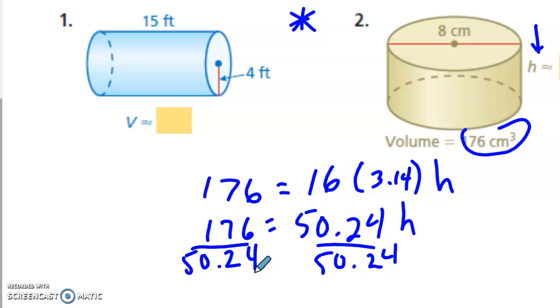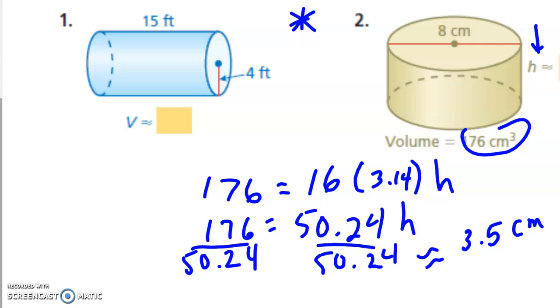And we end up with a very long decimal. So we're just going to truncate it, and we're going to call it 3.5 centimeters. You have just solved an advanced problem, my friends.